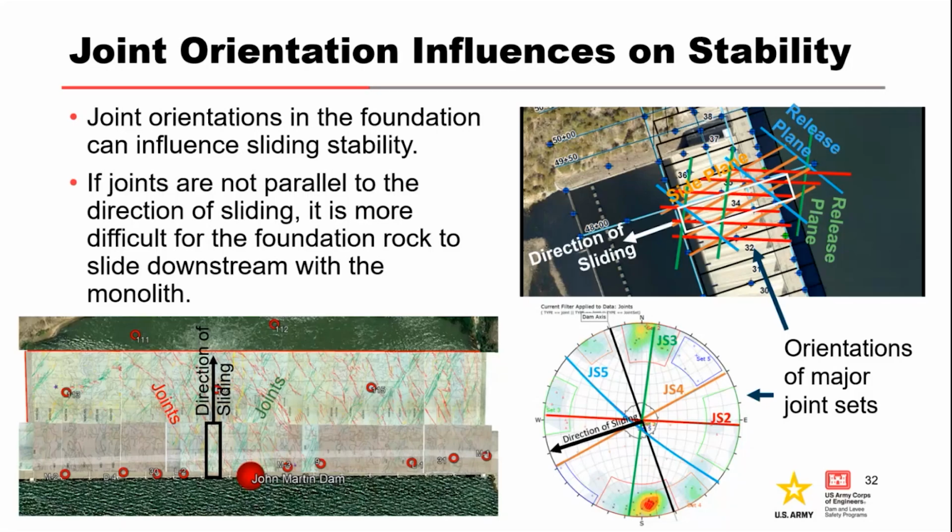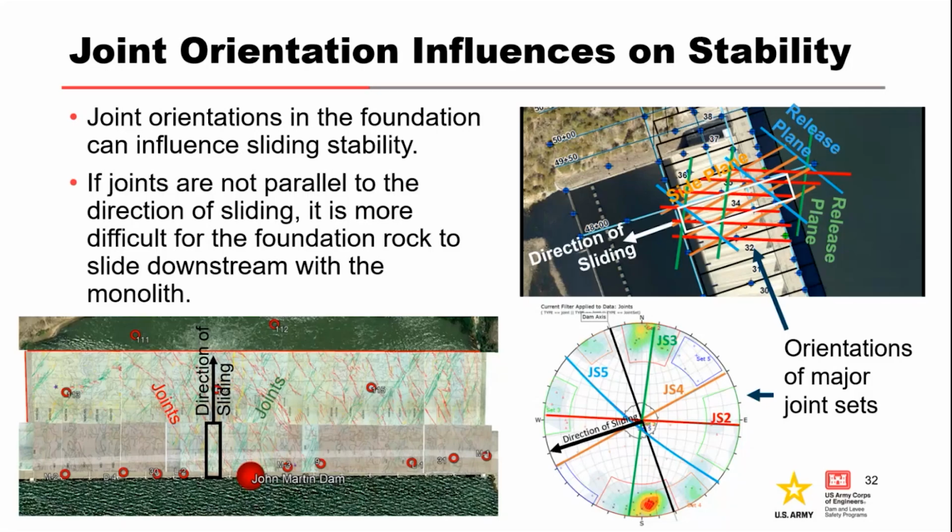And so I thought of this last minute, but here's a demonstration quickly. The orange blocks would represent the monoliths of the dam. The colored blocks represent the foundation. The prominent joint orientation is not parallel.